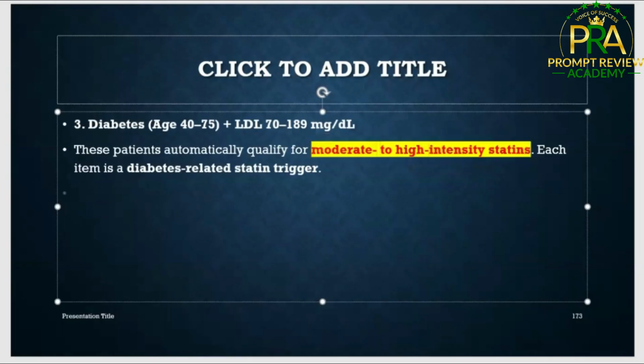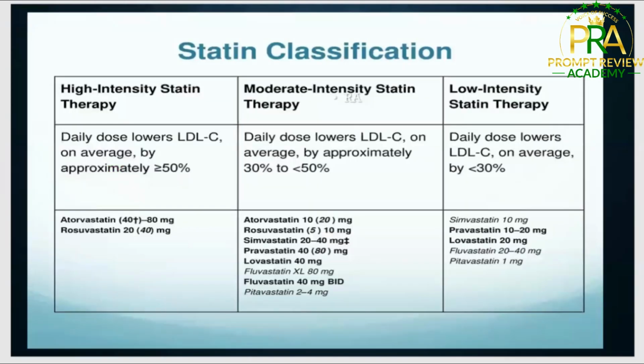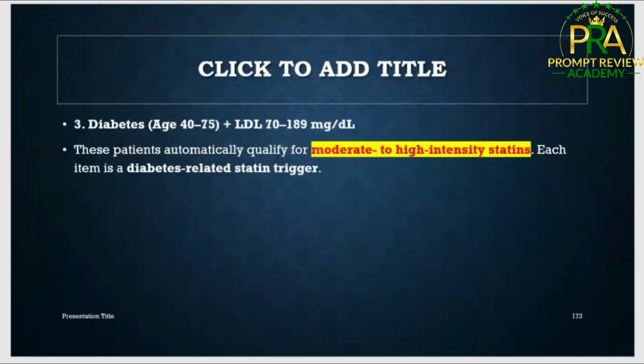If you are giving them Atorvastatin or Rosuvastatin, then you have to look at the dosage. Like we said, for Atorvastatin, if it is a high one, you are going to give them 80. But if it is a moderate one, you are going to give them 20. If it's Rosuvastatin, we are going to give them 40. Then if it is Rosuvastatin in moderate, you are going to give them 10. Those are the third group.